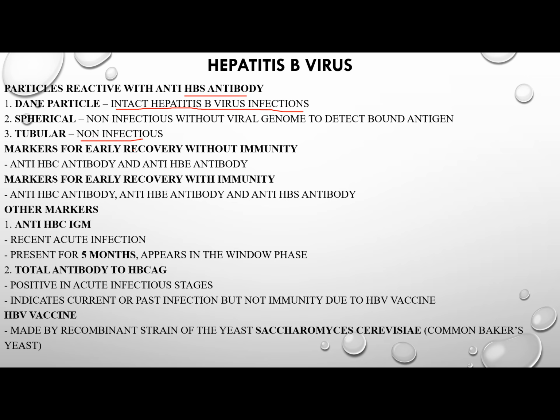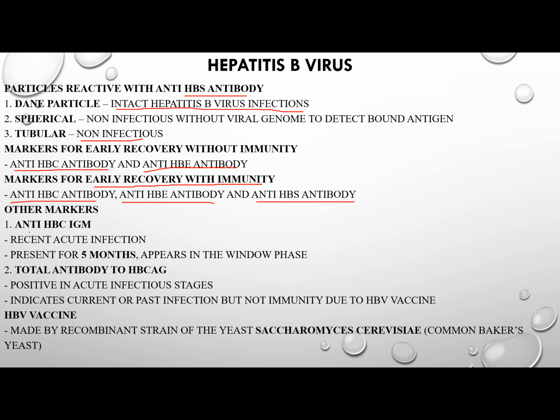Markers for early recovery without immunity would be your anti-HBC antibody and anti-HBE antibody. Markers, class, for early recovery with immunity are your anti-HBC antibody, anti-HBE antibody, and anti-HBS antibody.